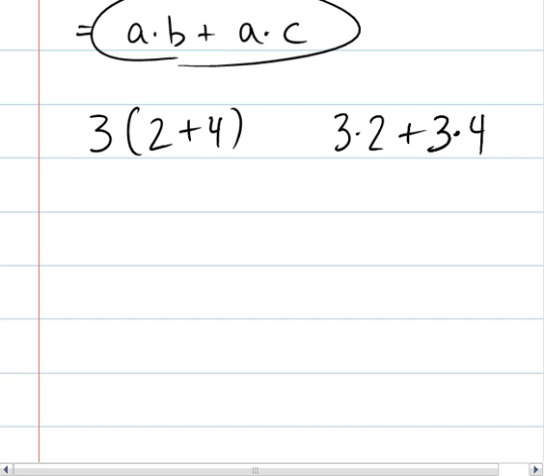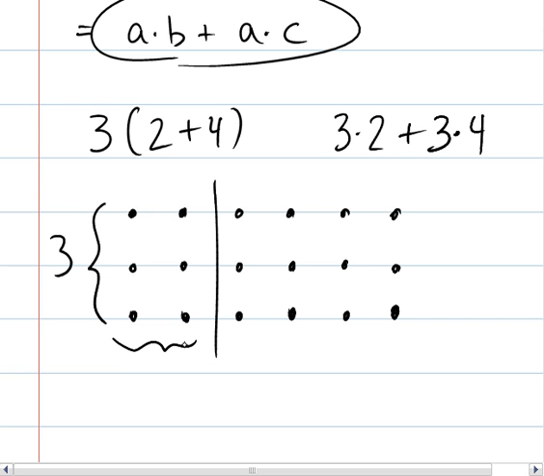Okay, I'm going to draw, let's say, 3 rows of dots with 6 columns of dots. 2 plus 4 is 6. Okay. So we have 3 rows of dots, and I'll put a dividing line here. We've got 2 columns and 4 more columns, 6 columns altogether.